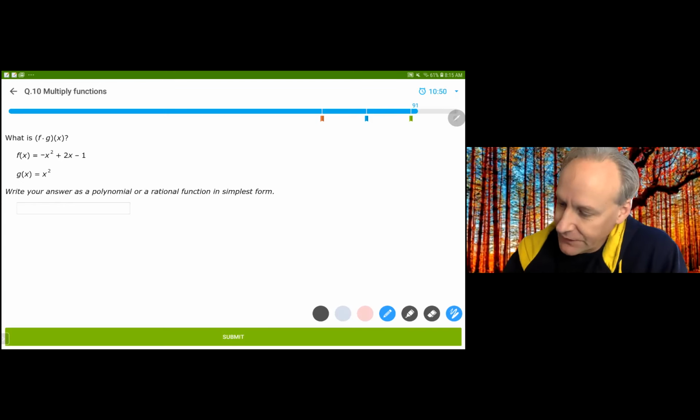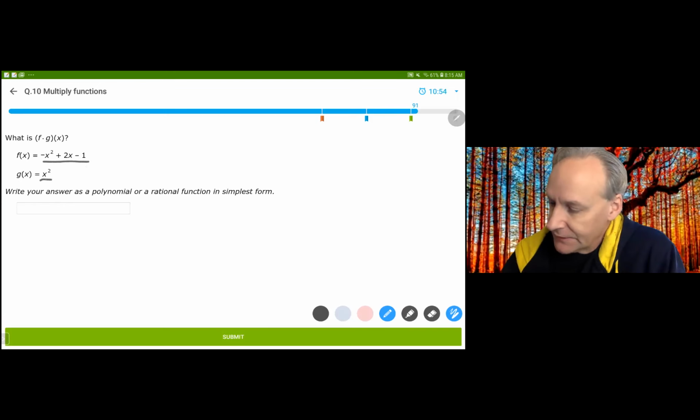Trinomial means it has 3 terms, and we're going to multiply that by a monomial. So the x squared is going to get multiplied by each of the terms. Remember, the trick for multiplying polynomials is that every term needs to be multiplied by every other term. And this is always the case. So I'm going to multiply the x squared times all 3 terms, and it's going to give me negative x to the 4th, isn't it?